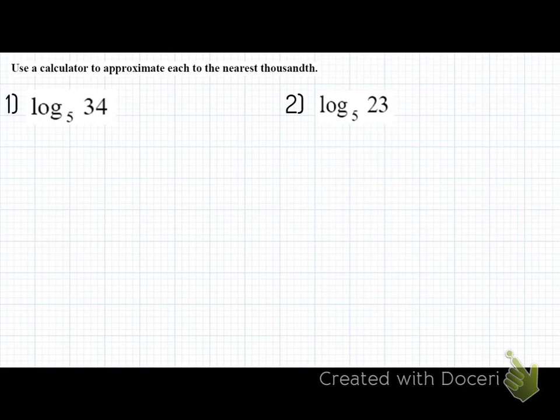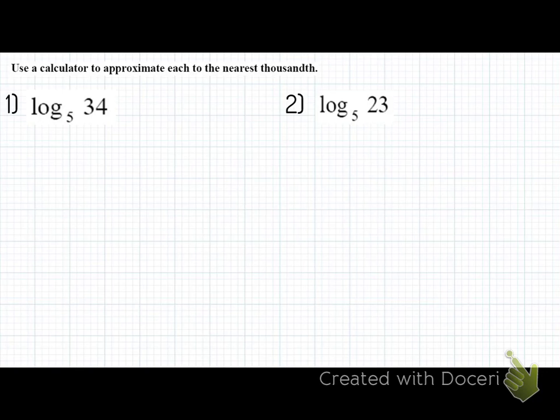What's log base 5 of 25? 2. Log base 5 of 125? 3. Good. So where is log base 5 of 34 going to be? Closer to 2, right? It's going to be between 2 and 3. Okay, good.